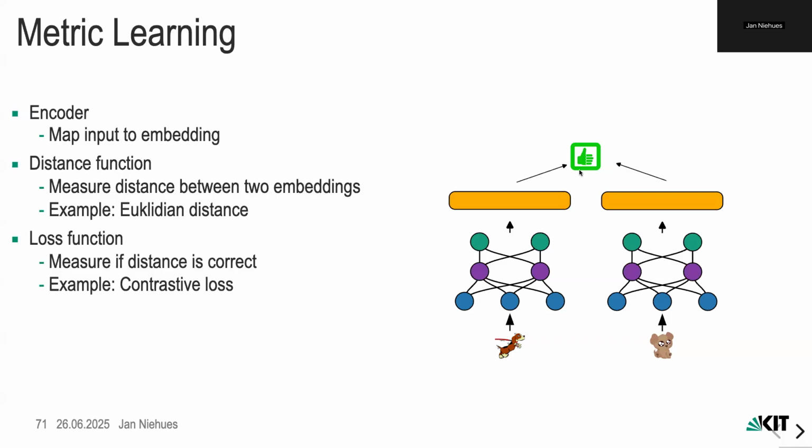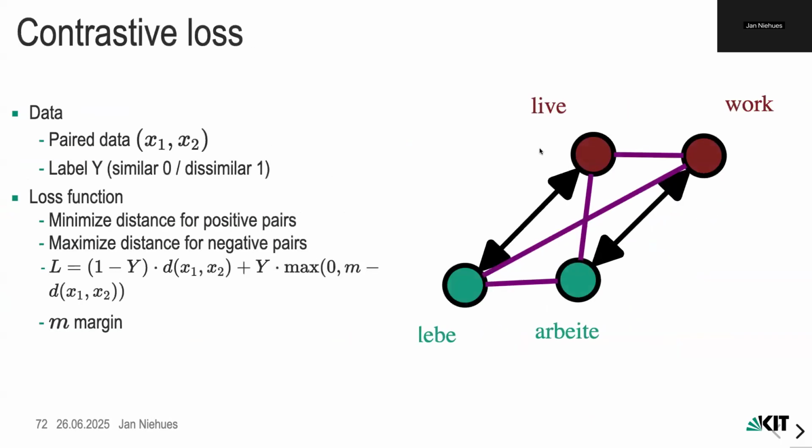And what we can typically look at there are two possible loss functions. One is the contrastive loss, and later we'll have a bit of a different scenario where you have a similarity loss. The contrastive loss is similar to what we had before.